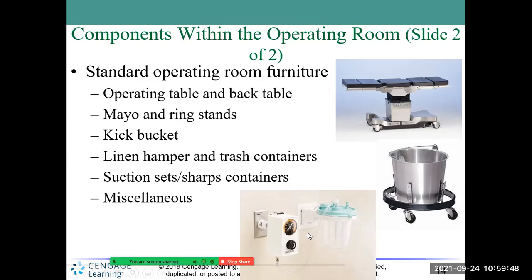Here are suction sets that you can see are attached to a wall. So this is your wall vacuum that we talked about. And so your suction tubing, your Yankauer attached to that suction tubing will attach at this area, and that will allow all of those fluids and secretions to go into this canister.